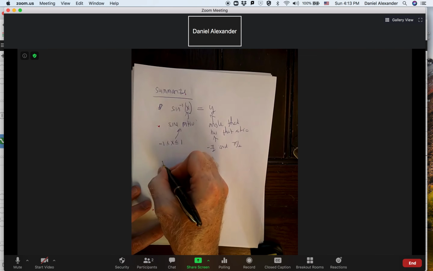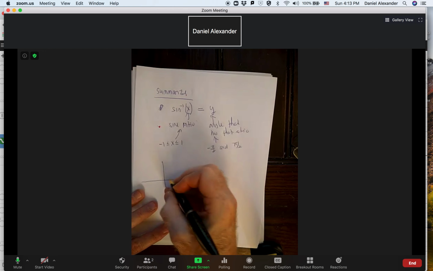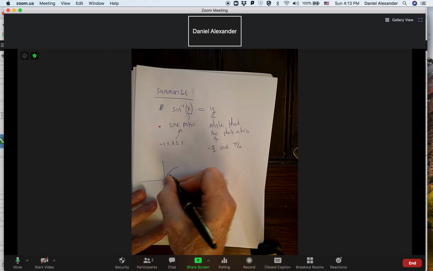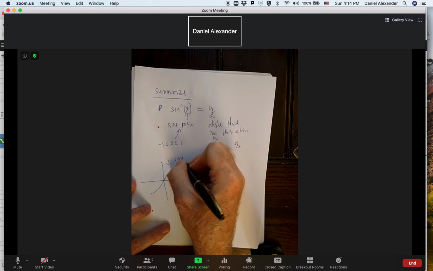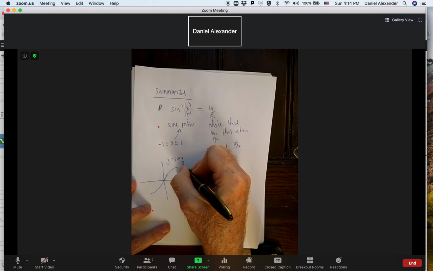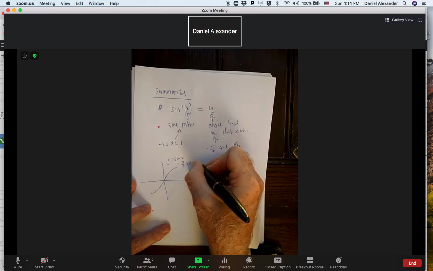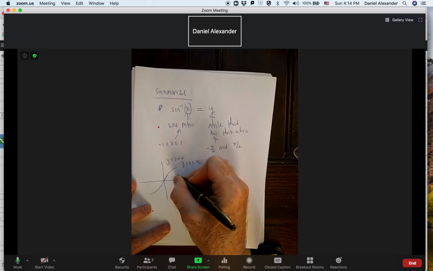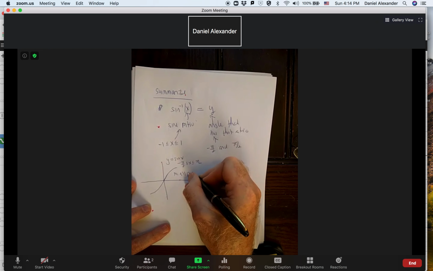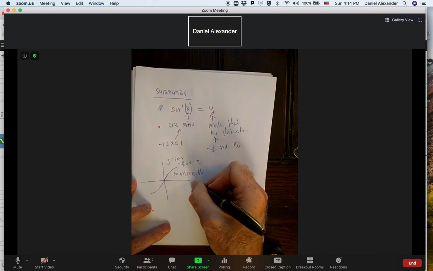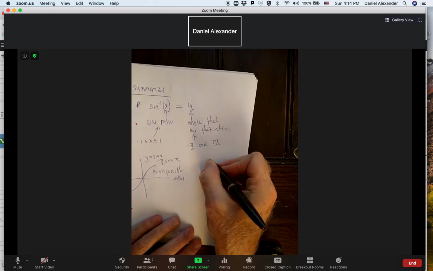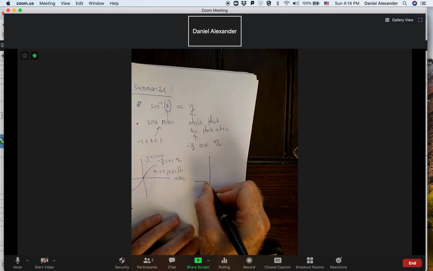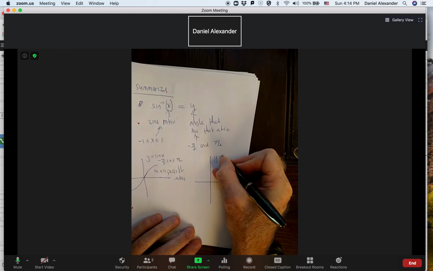Okay. What we're doing is we're inverting this particular part of the sine graph that has all possible ratios. And then what we're going to get back is what's called the inverse sine.